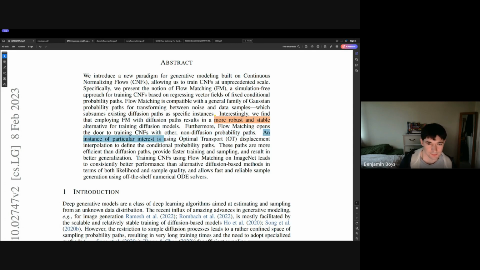So in particular, this is interesting because we can define different paths which aren't diffusion based, which could be simpler, smoother over the time of the noising, over the number of different noise levels. They're smoother functions, so that makes them easier to learn. And that's what this idea of optimal transport is trying to get at.